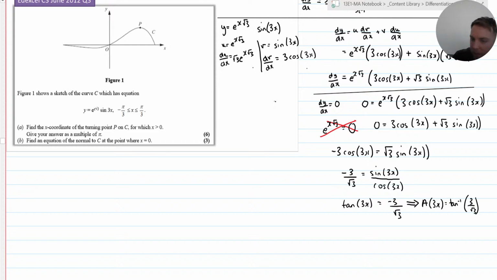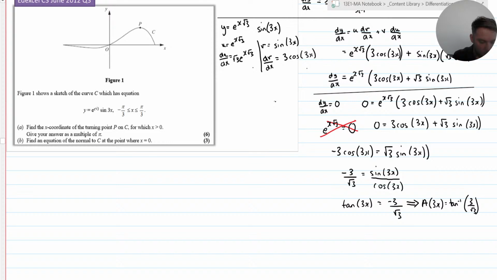So I'm going to have to find my acute angle for that, which is going to be my acute 3x. It has to be in radians, doesn't it? My acute 3x is going to be equal to tan to the minus 1 of the positive value of this, which is 3 over root 3, like so. So let's just work that out.